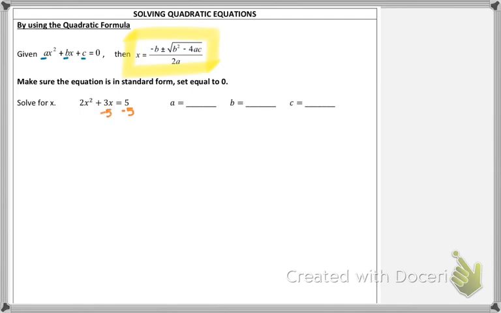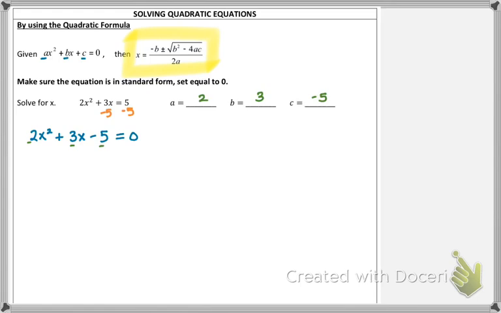So we're going to have 2x squared plus 3x minus 5 equal to 0. And now my equation is in standard form, set equal to 0. I'm ready to use the quadratic formula. So let's identify what a, b, and c is. So a is 2, b is 3, and c is negative 5.